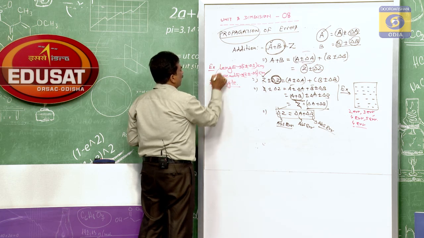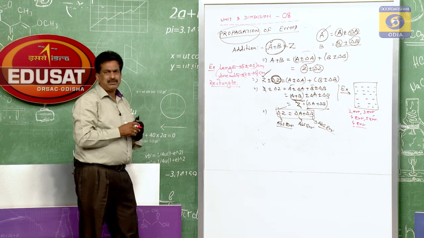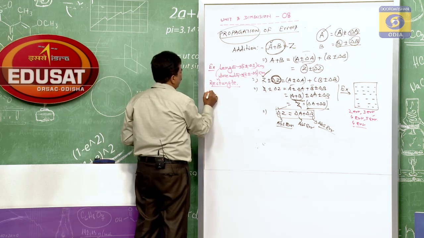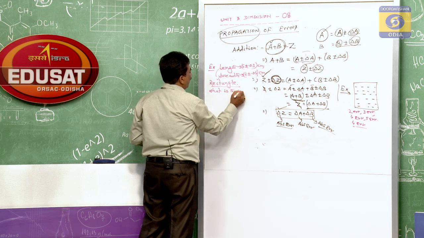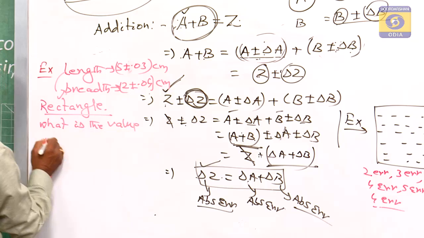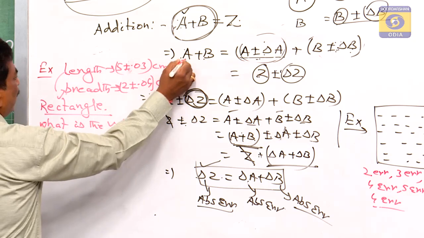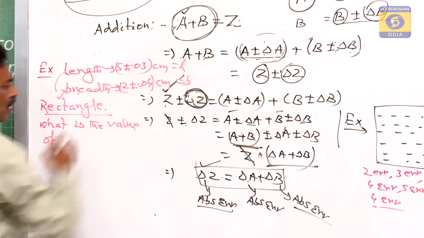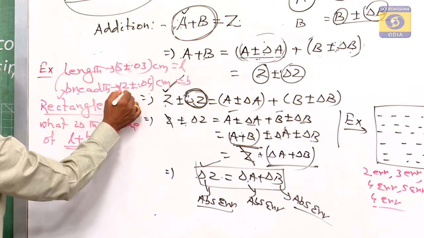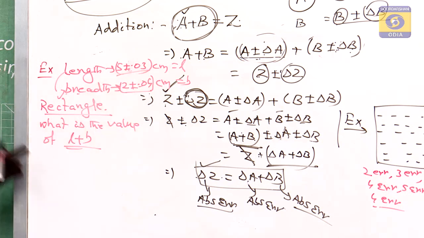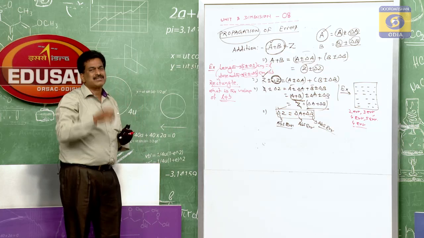For the rectangle, length and breadth are given. The question comes: what is the value of this length, if it is L, and this breadth, if it is B, then what is the value of L plus B? Means when these two error quantities are added, then what will be its value?